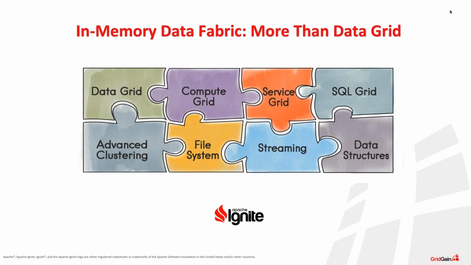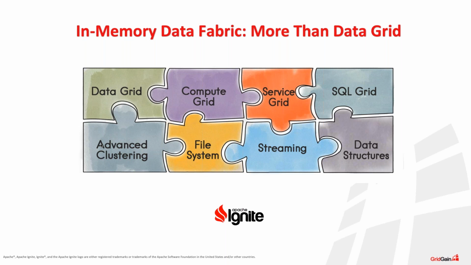First of all, Apache Ignite in-memory data fabric is a distributed platform that allows you to interconnect your machines located in different environments using our advanced clustering component. Once your cluster is up and running, and every machine discovers each other, you are able to interact with this cluster and leverage it.